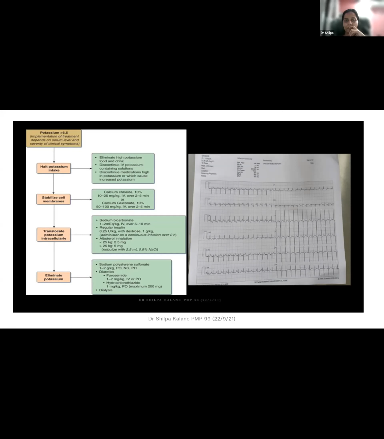You can give salbutamol nebulization also and start K binder. Are they writing GI drip?